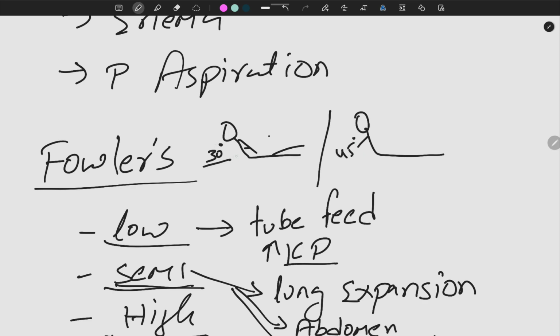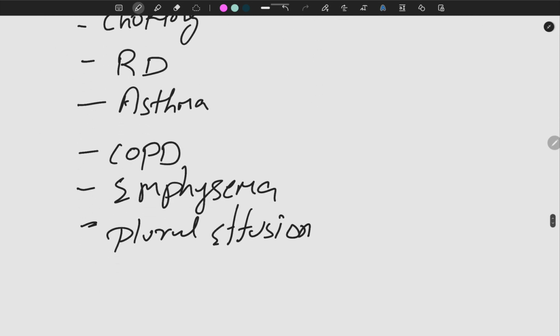This is the 30-degree elevation and this is the 45-degree elevation, and in the high Fowler's position, the patient has a 90-degree elevation. Okay, this is the head end. The head end is elevated at 30, 45 and 90 degrees.